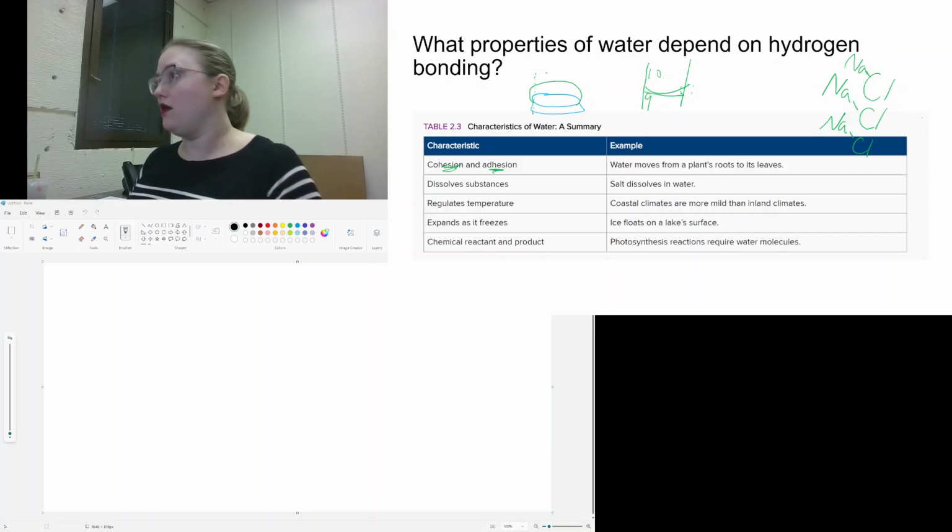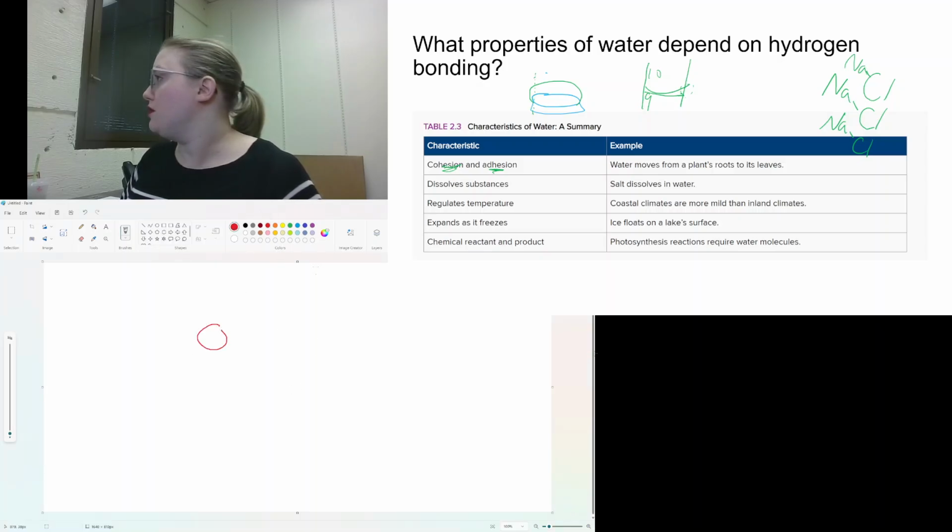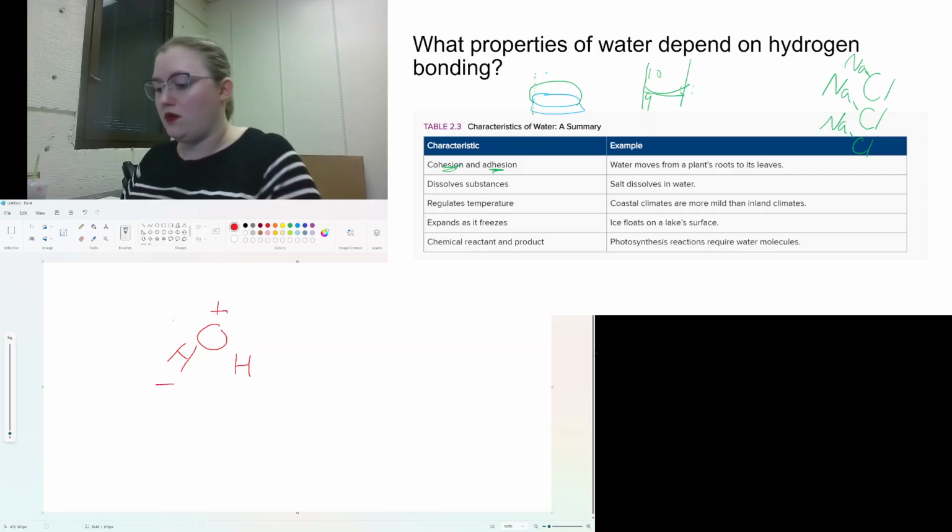Water, let's see, am I over here now? Yes, I am. So water molecules, so we've got our oxygen and our hydrogens. We've got partial positive, partial, nope, backwards.